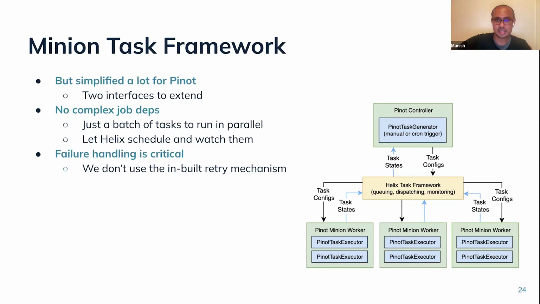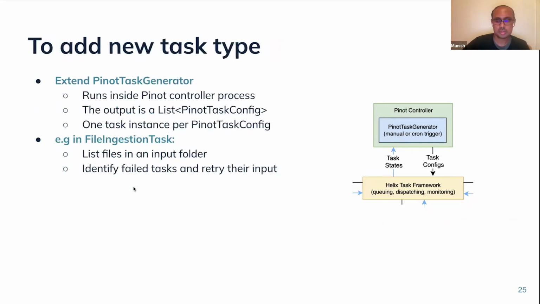So this is the picture of a task generator and executor. Let's take the example of the file ingestion task. Say we want to write an ingestion task that takes the source files and creates segments out of them.